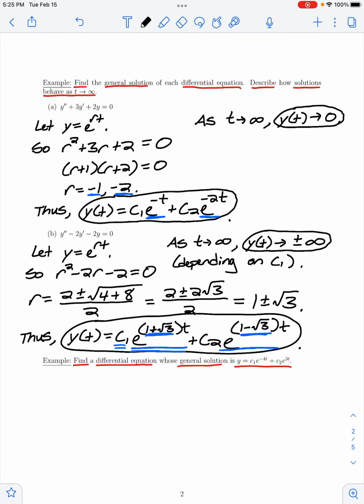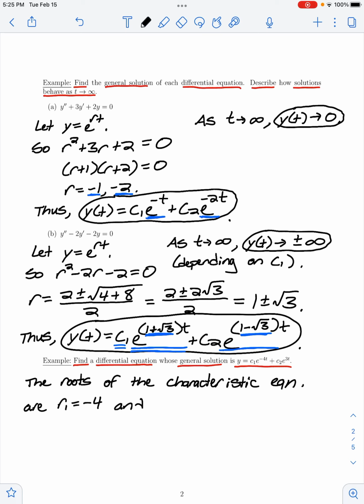So looking at our general solution, we can immediately see that the roots of the characteristic equation are given by R1, the first value, would be negative 4, and R2 is positive 3.